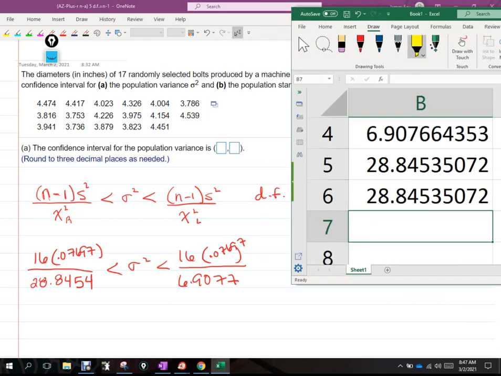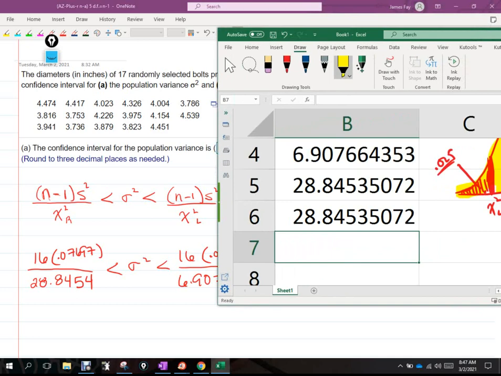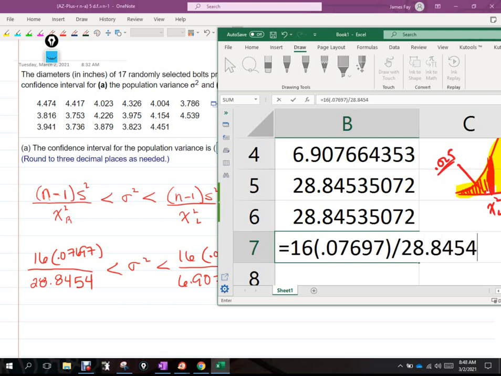So once you then have that information, you can use, I'm just going to continue using Excel here. If you want to use Excel as a calculator, you still have to hit the equal sign for it to calculate things. So I'm going to go 16.07697, and then we're going to divide that by 28.8454.